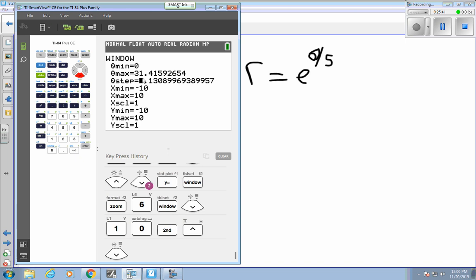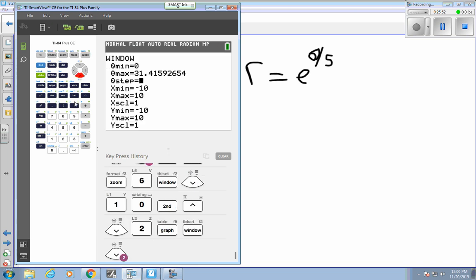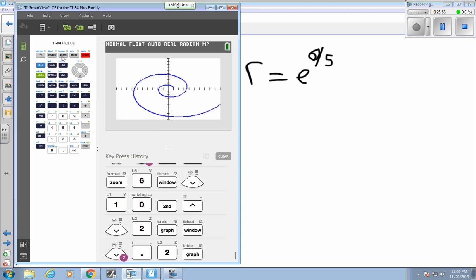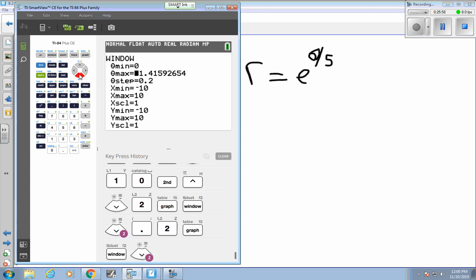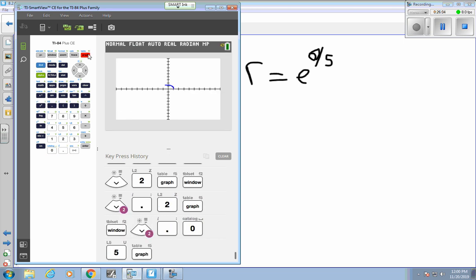Now your theta step, if I make this big, say 2, that's not a very accurate graph. Versus if I make my theta step 0.2, a little bit better. And if I make it 0.05, a really small theta step, you start to see a really clean spiral formed.